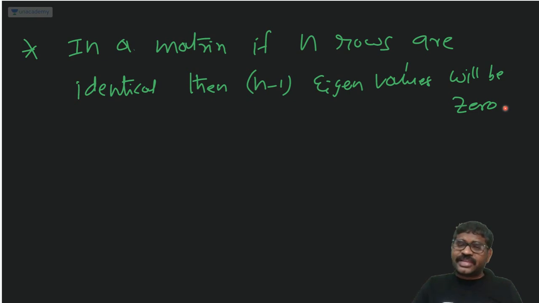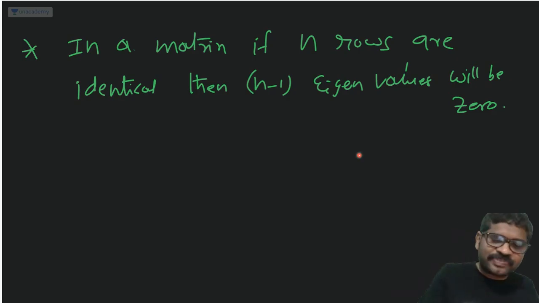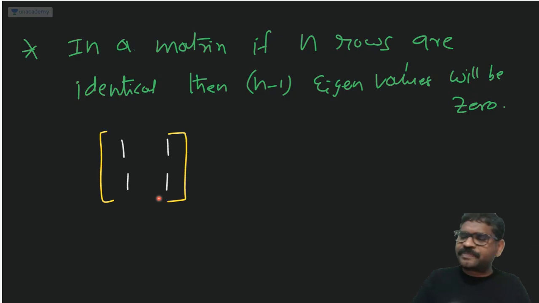In a matrix, if n rows are identical, 100% n minus 1 eigenvalues will be 0. For example, the matrix is 2 cross 2. How many rows are identical? 2 rows are identical. Compulsory one eigenvalue is 0, another eigenvalue is 2.